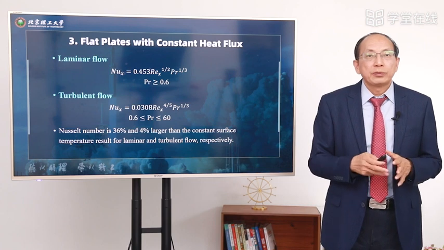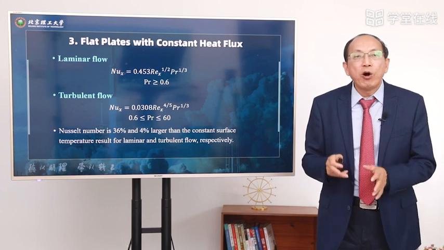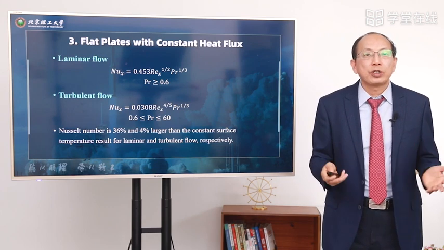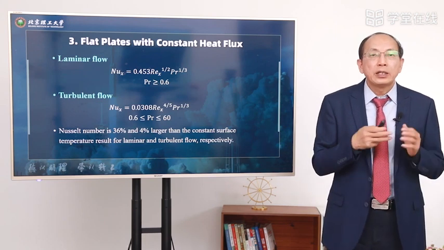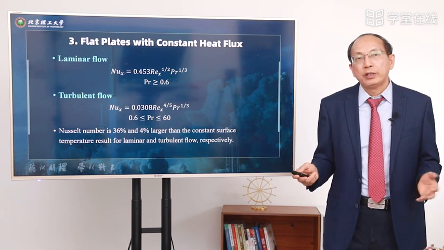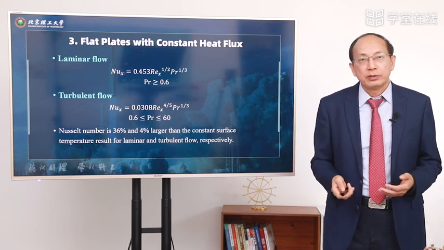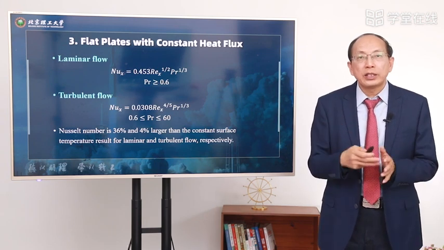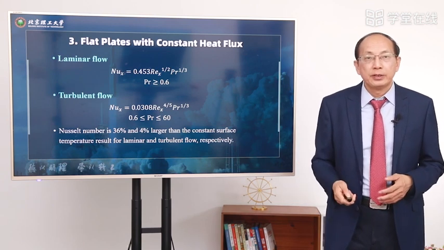The Nusselt number is 36% and 4% larger than the constant surface temperature result for laminar flow and turbulent flow, respectively. So the flow over the isothermal plate and the constant heat flux plate is a little different.